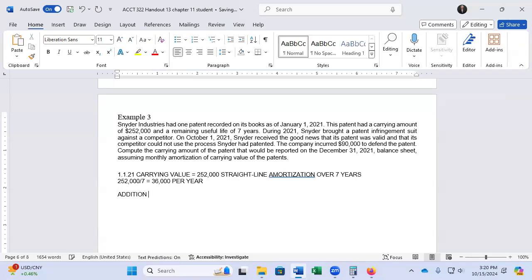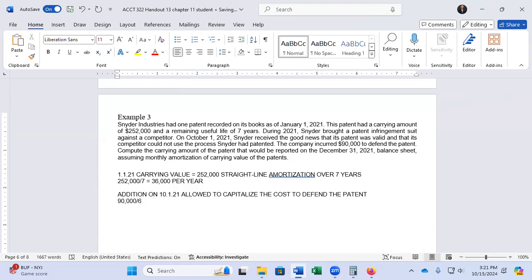And then we have the addition on 10/1. We're allowed to capitalize the fees or the cost to defend the patent. So we have 90,000. And we know that we went through 9 months of 7 years.